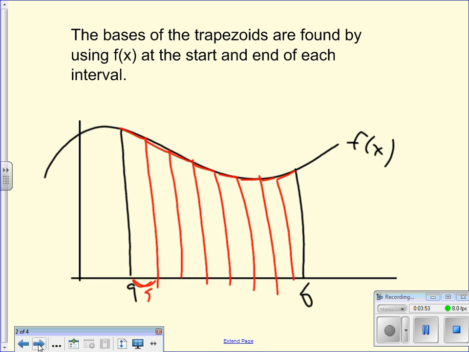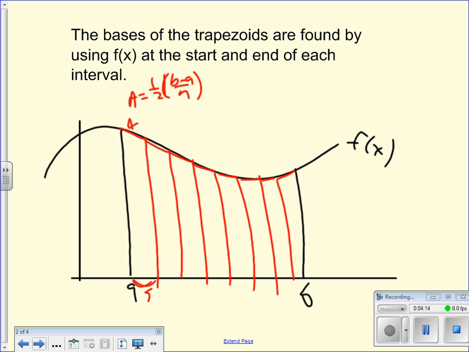Okay? Now, I want to find just the area of the first one here. It's 1/2 times (b minus a) over n, because that's the width of each one. And then my two parallel sides, base 1 and base 2, are the two y lengths here.